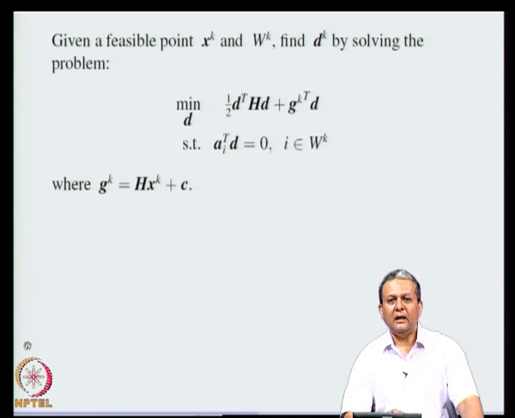So, the direction d is found by solving this problem, and then the next step will be to get a step length and make progress towards xk plus 1, so that the objective function is minimized, and this procedure will be repeated till one reaches an optimal point. Now, we will see more details about this in the next class. Thank you.